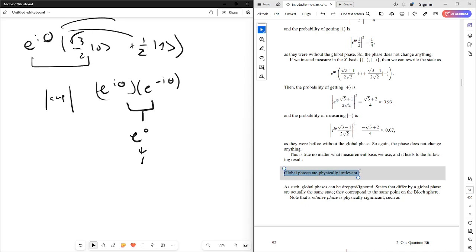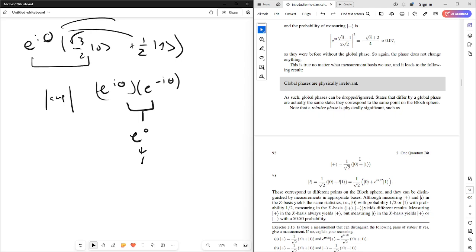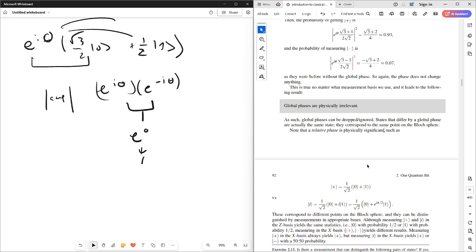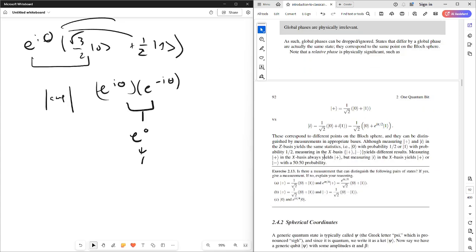Global phases are physically irrelevant. A relative phase is physically significant, though. So if we apply something very specific like e^(iπ/2), that will alter it.